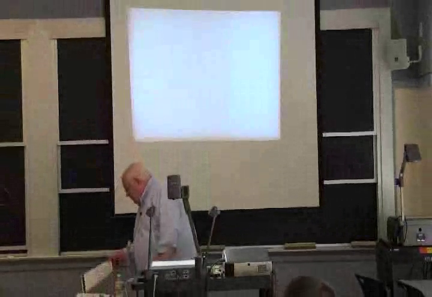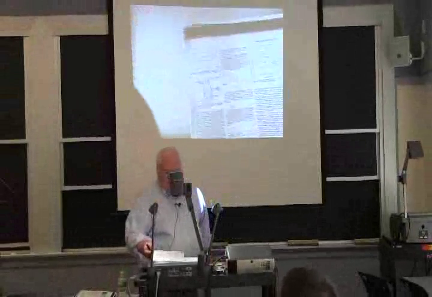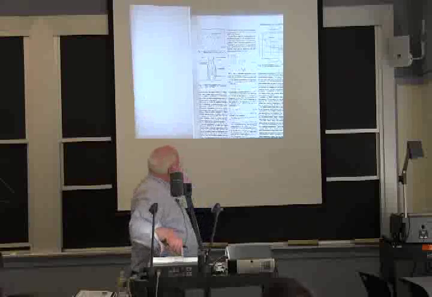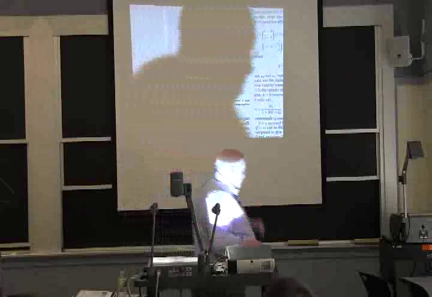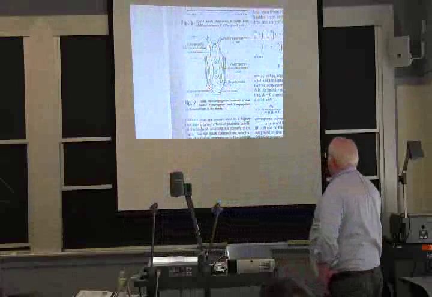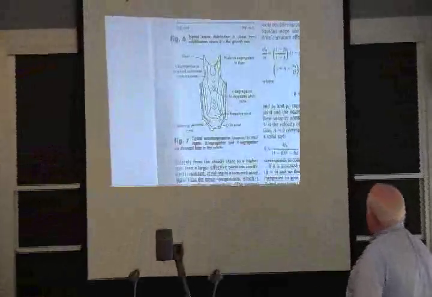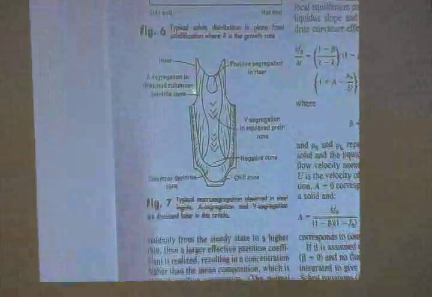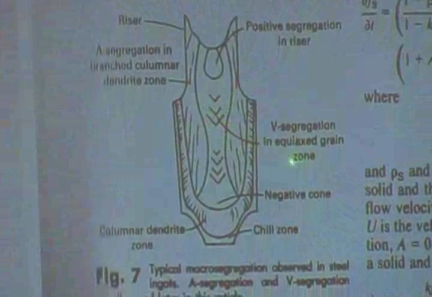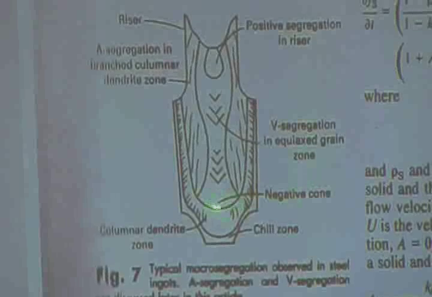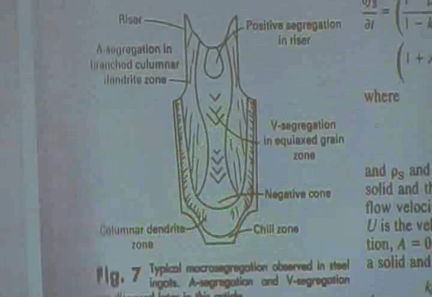So actually, this one actually shows you some of the terminology. So we have your riser up here, positive segregation in the riser, branch columnar dendritic zone, V segregation in the center in the equiaxed grain zone, negative zone that we saw before. We have a chill zone down here and a columnar zone.